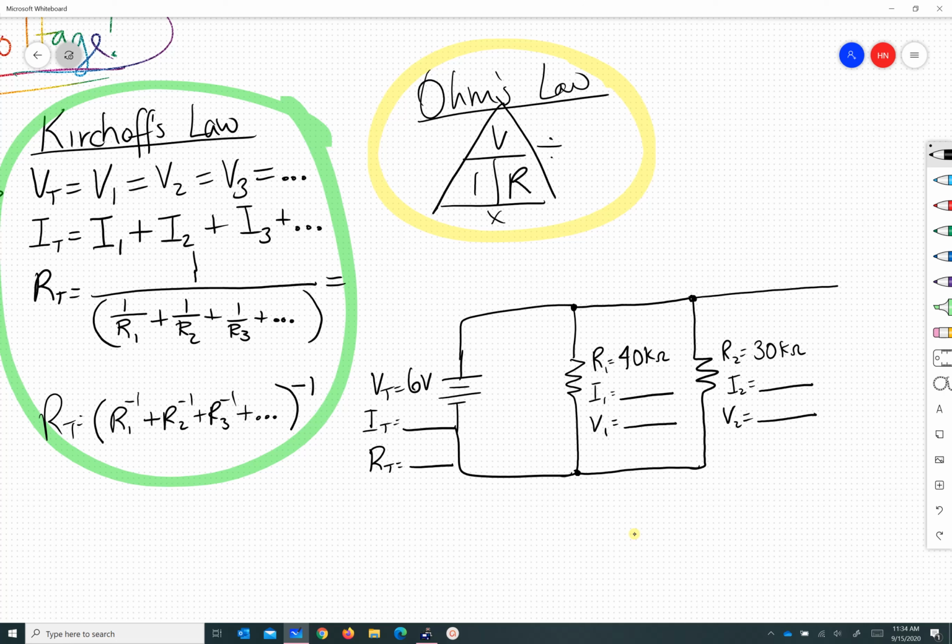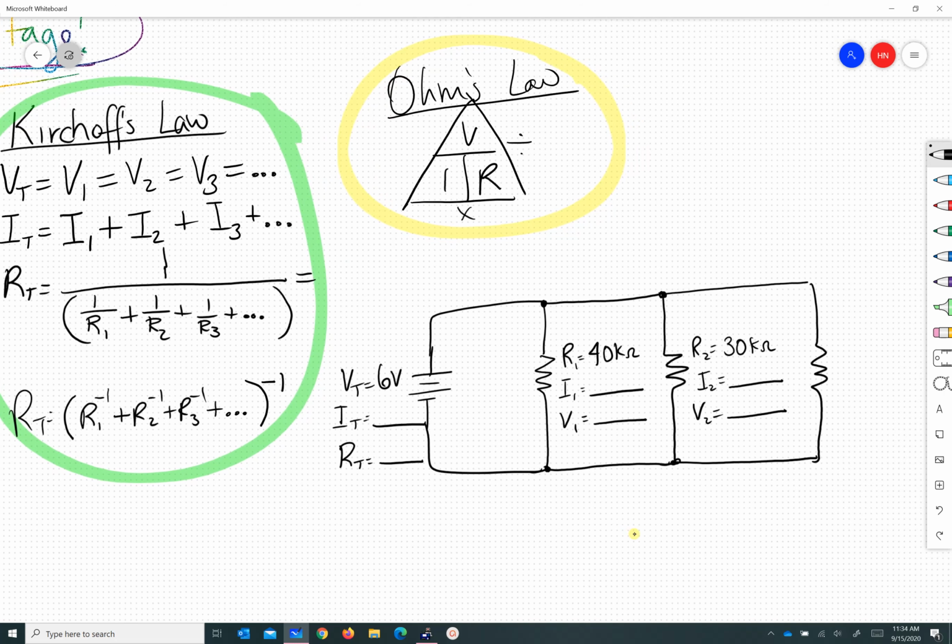I'm going to draw another device directly connected to the battery, but over here to the right-hand side. I have to scooch over a little bit. There it is. And this device is 120 kilo ohms. So resistance 3 is 120 kilo ohms. And I do not know the current through the third device, nor the voltage. Okay.